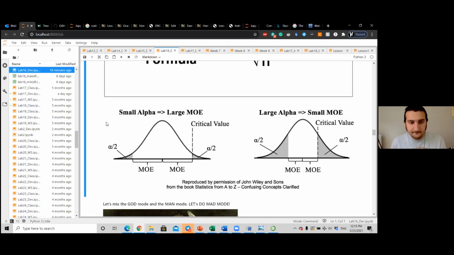Okay? So let's say that you get a p-value of 0.04 and your significance level was 0.05. Are you going to reject the null? No. Why? I thought don't you reject the null if you have it over 0.05?